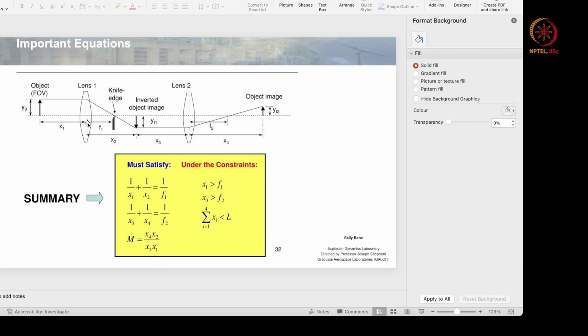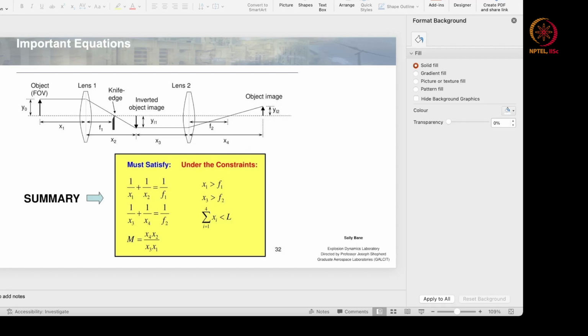All the details are labeled here, again from Settles' work. And the sum total of all these xi's has to be less than L, the total. These are the important equations. Remember, the knife edge is placed at f1, the focal point of the first lens. Then you form an inverted image at x2, and then you form the final image at IL2.